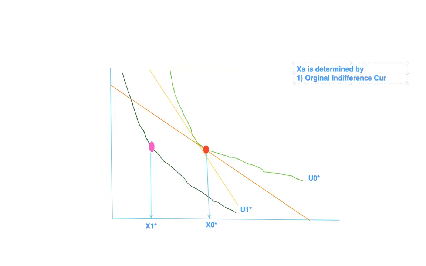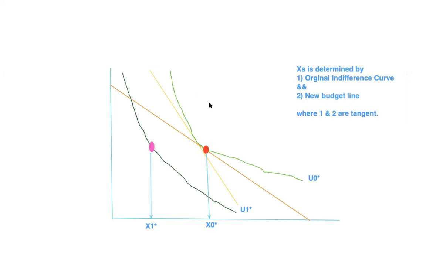Difference curve and new budget line. Okay. And I should say more specifically where 1 and 2 are tangent.